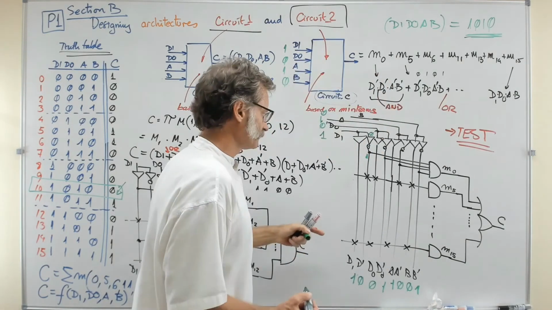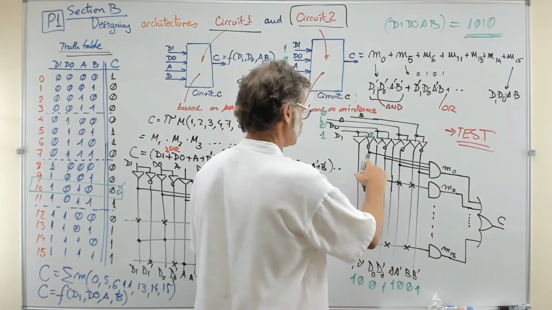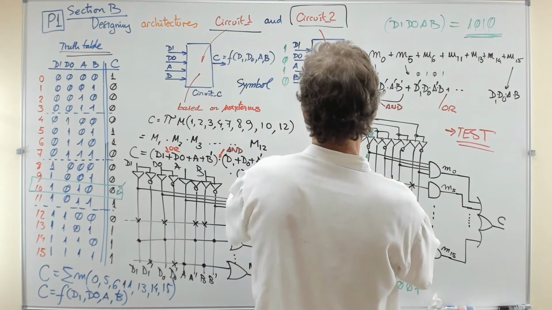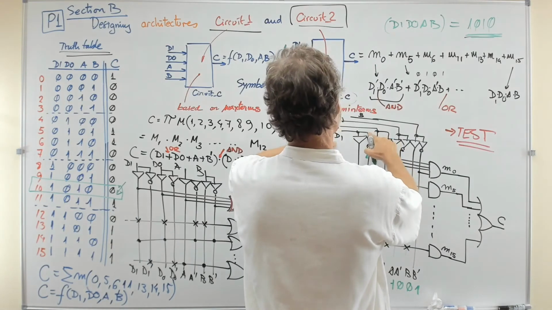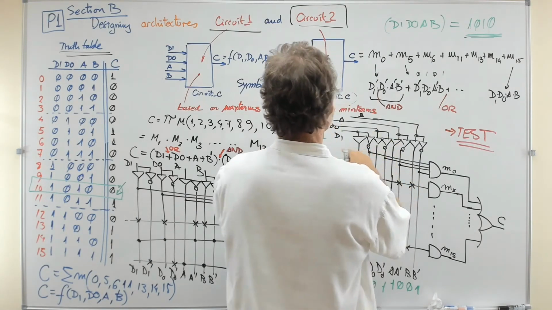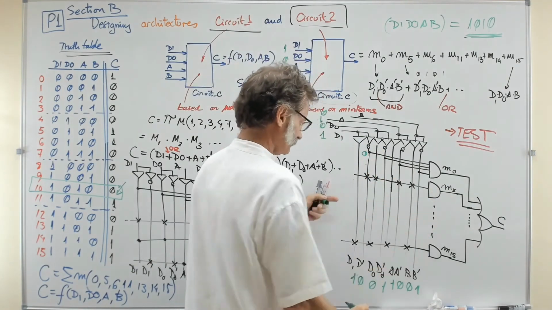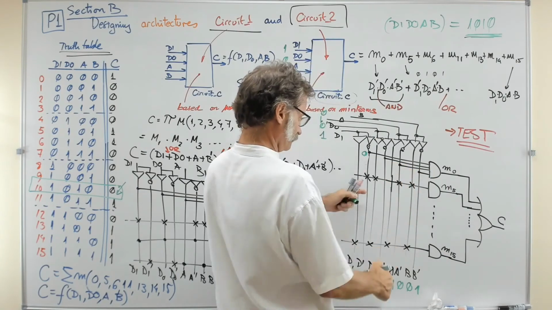Then what are you taking to the AND, for example, here? This is D1, so I mean that this is wrong, so D1 is 1, so this is a 0, this is what you are taking. So if this is 0, it happens that doesn't matter whatever else you've got here.